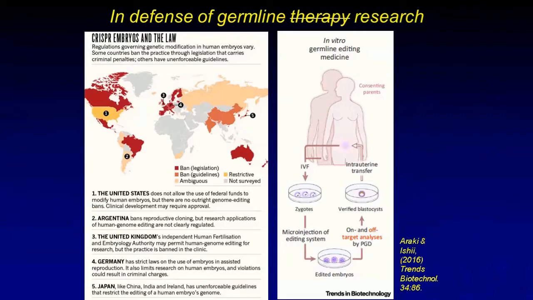And so here in this middle panel, I'm discussing in vitro germline editing approaches, where an experimental approach might be to remove zygotes or embryos, do genetic manipulations on those in a dish, and then reintroduce those back into a patient to create a new child with altered traits. So this would be the germline editing approach. And there's been a lot of concern about the growing ease of being able to do this.